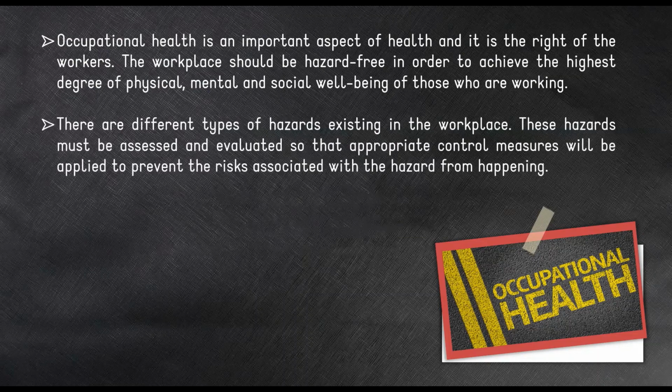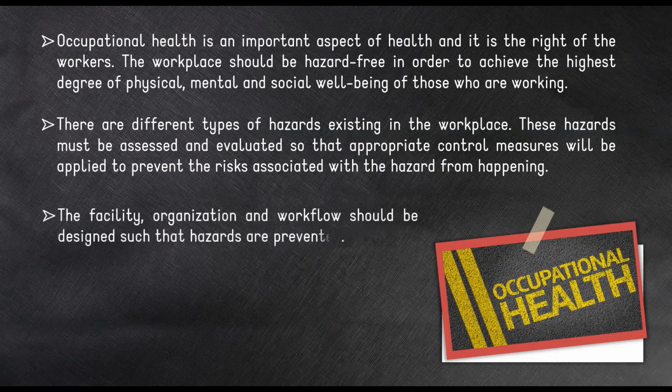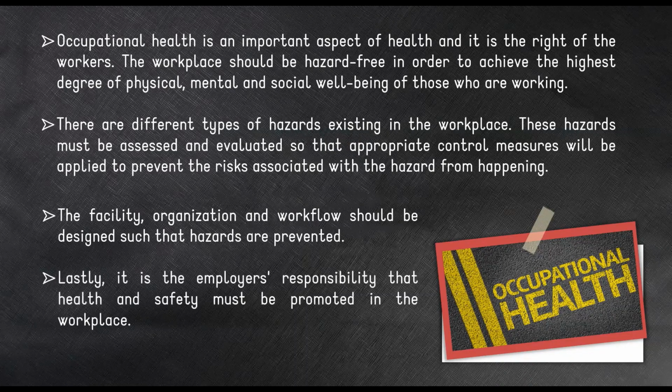These hazards must be identified, assessed, and evaluated so that appropriate control measures will be applied to prevent the risks associated with the hazards. The facility, organization, and workflow should be designed such that hazards are prevented. And lastly, it is the employer's responsibility that health and safety must be promoted in the workplace.